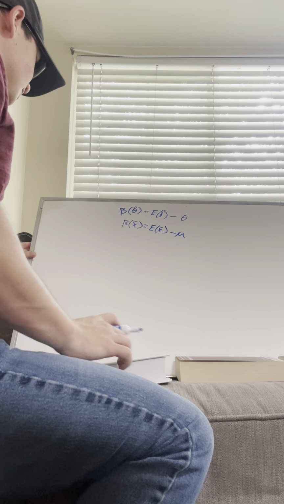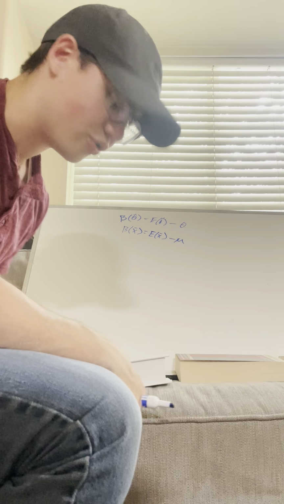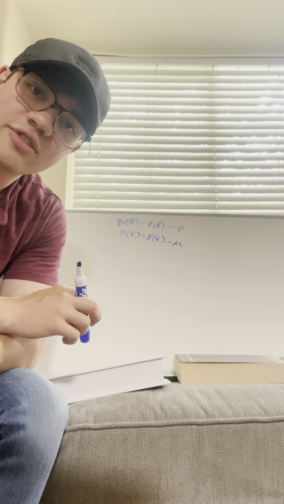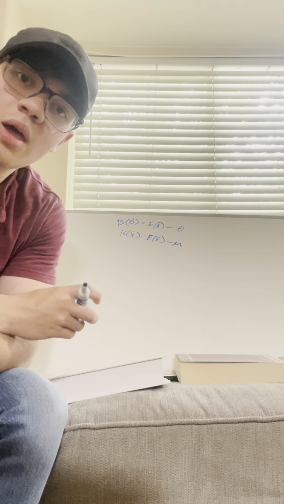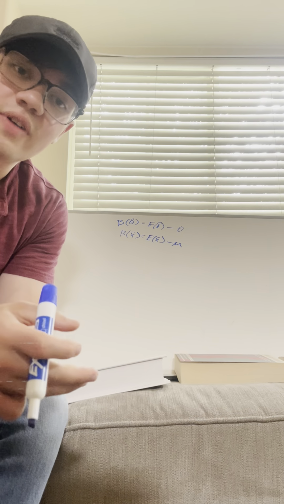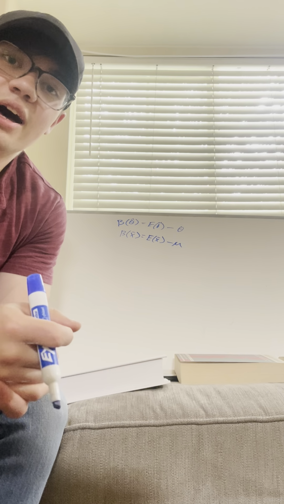All right. So these questions can often seem kind of abstract if it gives you some random estimator and asks you to find the bias of it. But I hope that you guys can realize that finding the expected value of something is something that we've done a lot in this class.